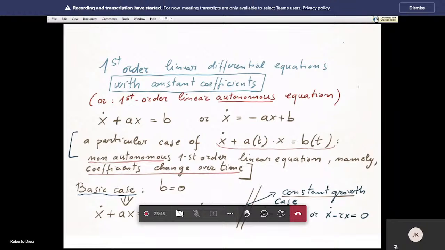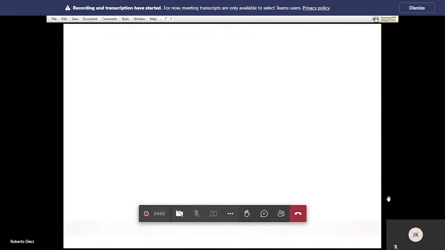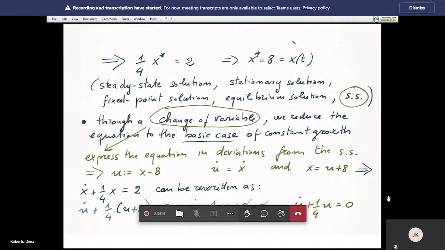Okay, we started last week the first order linear differential equations with constant coefficients, and we derived the general solution formula and a particular solution formula. If you remember, we derived the general solution formula by means of a change of variable, okay?